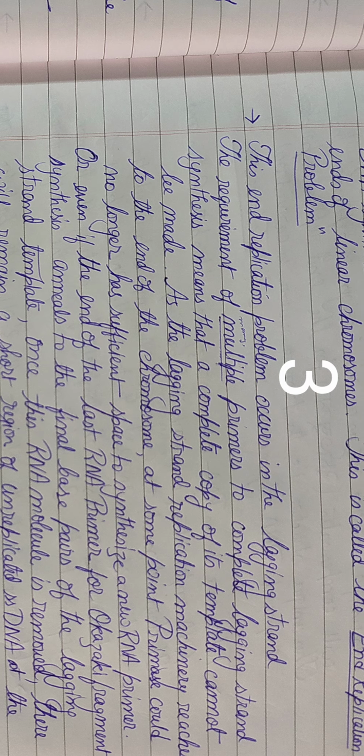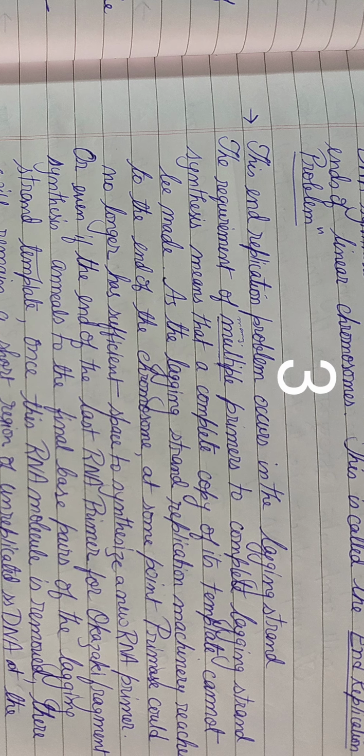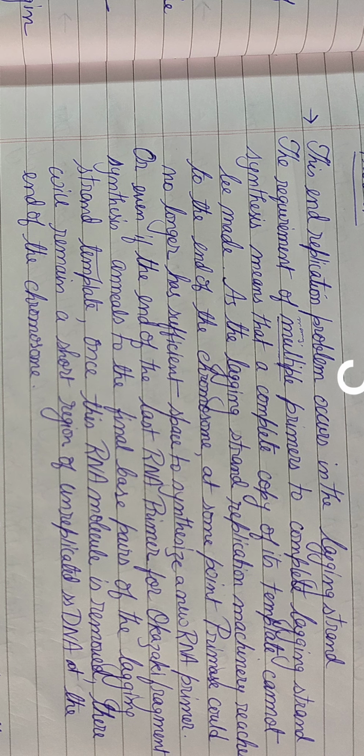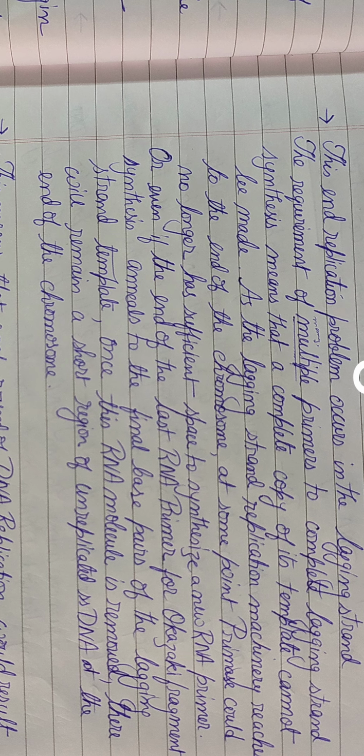Again I repeat, the requirement of many primers in order to synthesize the lagging strand means that a complete copy of its template cannot be made. Why? As the lagging strand replication machinery reaches the end of the chromosome, at some point what will happen?